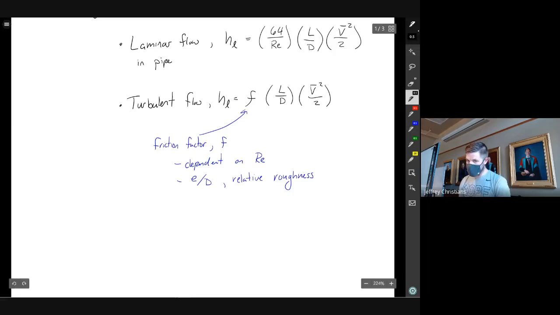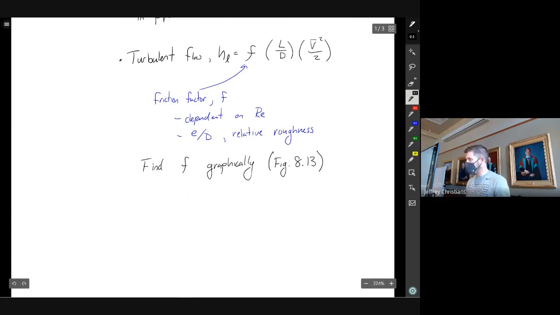We can find F graphically, figure 8.13. I'll show you what that looks like in a second.